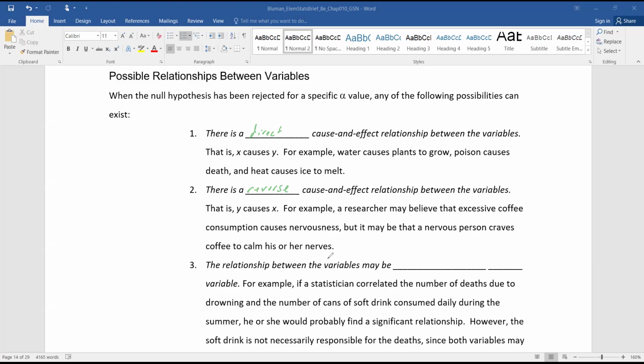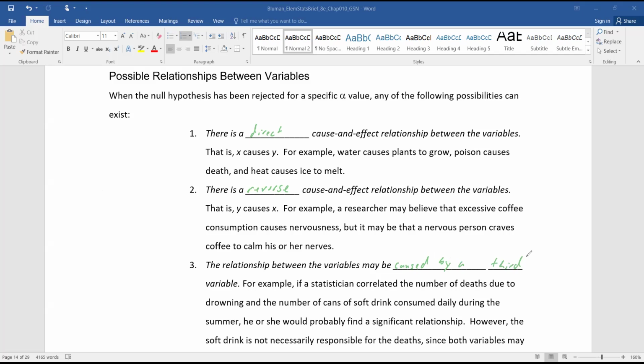The third thing we can see is the relationship between the variables may be caused by a third variable. For example, if a statistician correlated the number of deaths due to drowning and the number of cans of soft drinks consumed daily during the summer, he or she would probably find a significant relationship.